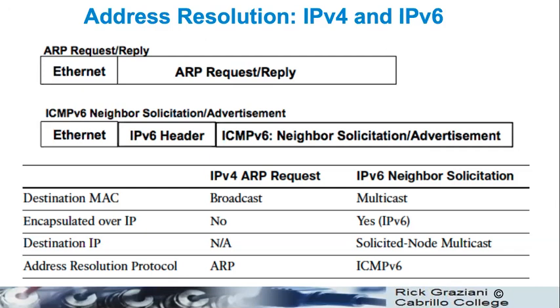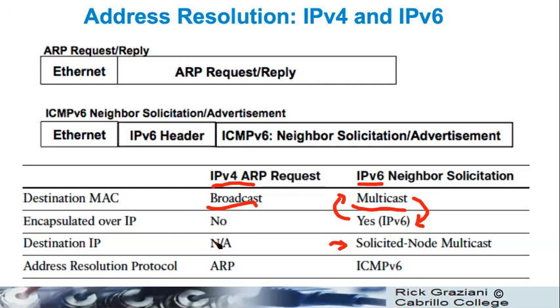If we look at the differences, we'll see the destination MAC is a broadcast in IPv4 as compared to a multicast in IPv6, and we'll see that's an advantage for IPv6. Because it is a multicast, it's also going to use IPv6 multicast. We'll see how these interrelate. We've talked about that before, because IPv6 uses solicited node multicast.